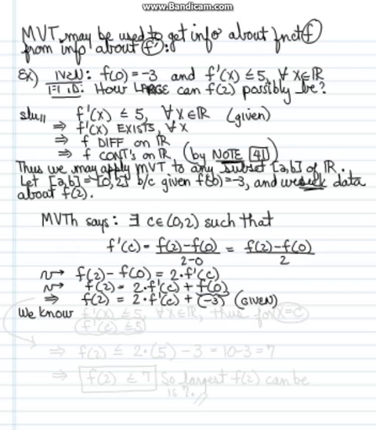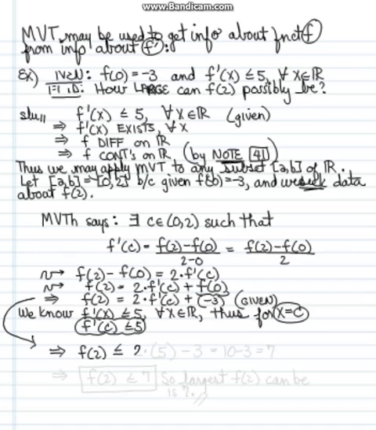Okay, now, we know that f prime of x is always going to be smaller or equal to 5 for any value x. Thus, for our value x equals c, it of course will be true that f prime of c will be less than or equal to 5. Okay, so take the line we had above, bring it down here. That would imply that f of 2 is less than or equal to 2 times 5 minus 3.